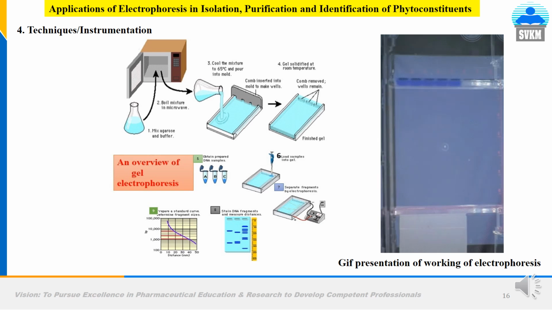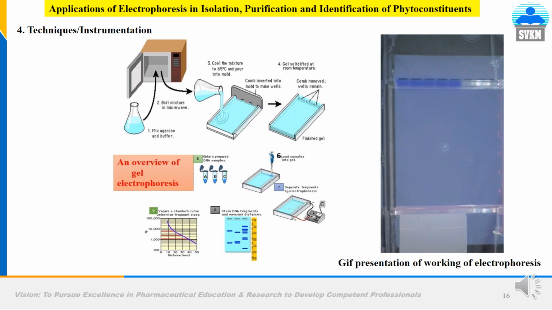Once you do that, apply the sample, and after supplying the electric field, you can get the proper separation of compounds in the form of bands, and they can easily be detected. This is an overview of electrophoresis.